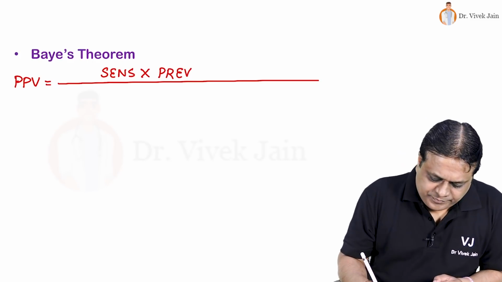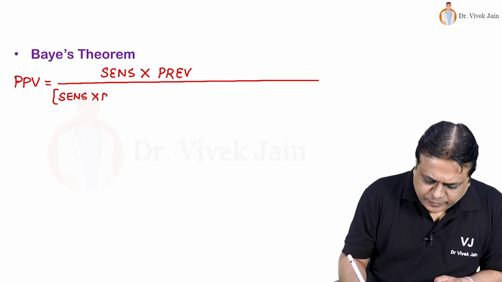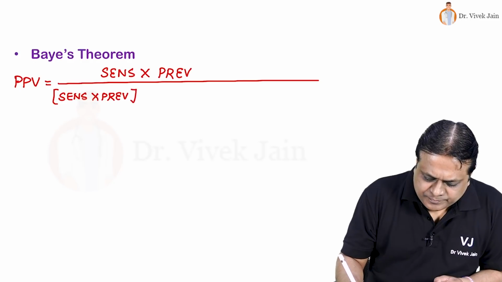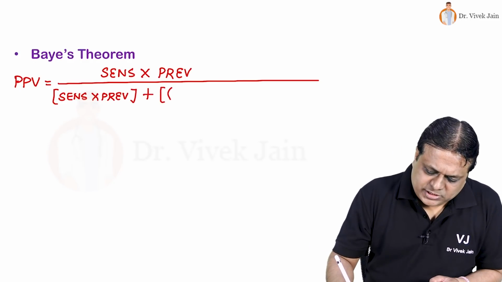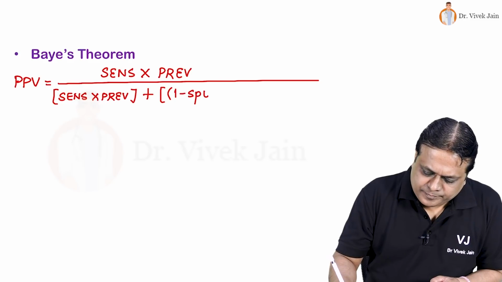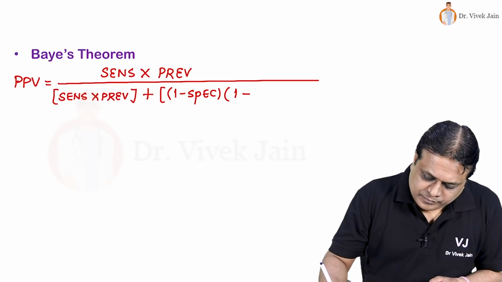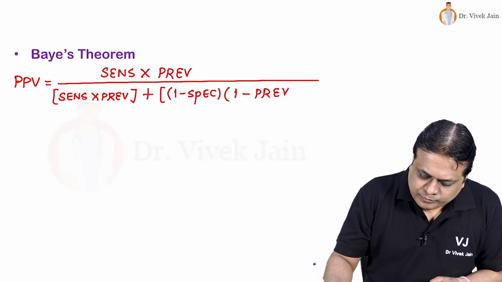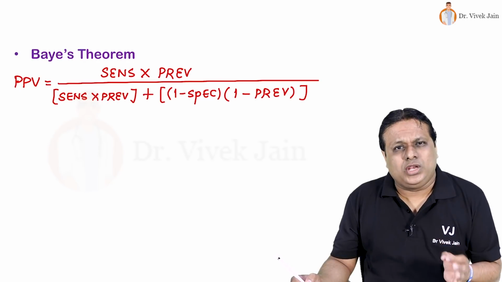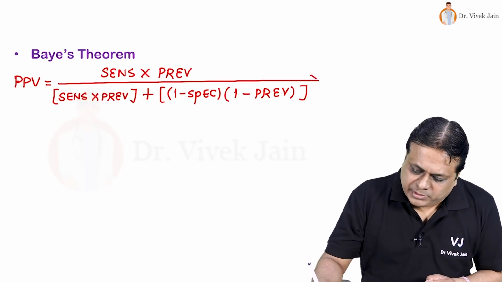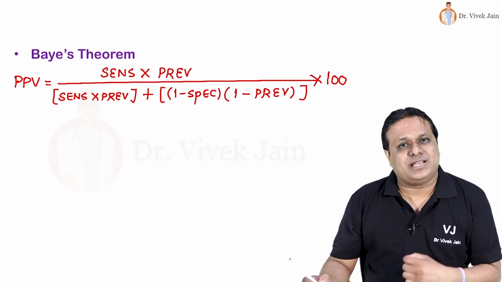Denominator is same, sensitivity into prevalence plus 1 minus specificity multiplied by 1 minus prevalence, and this whole numerator over denominator, the multiplier is 100, expressed as a percentage.